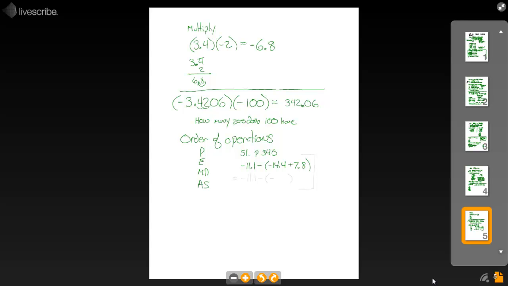So I'm not going to actually do it, but I'll talk you through it a little bit. On this one, there's some parentheses. And so we're going to work those parentheses first. And in those parentheses, they're enemies, and so we're going to subtract. When you get done with those parentheses, you're going to have an answer. I can't really do it in my head very well, so you can.